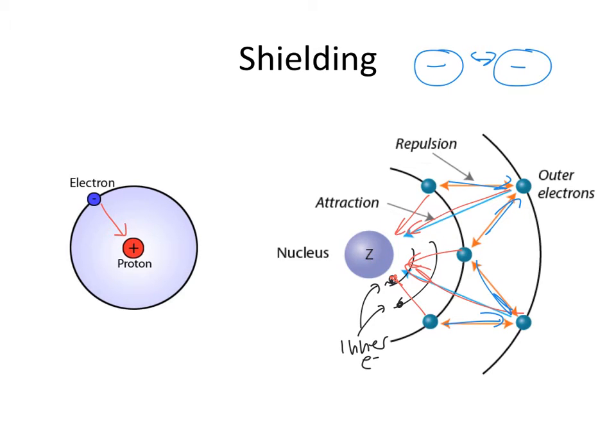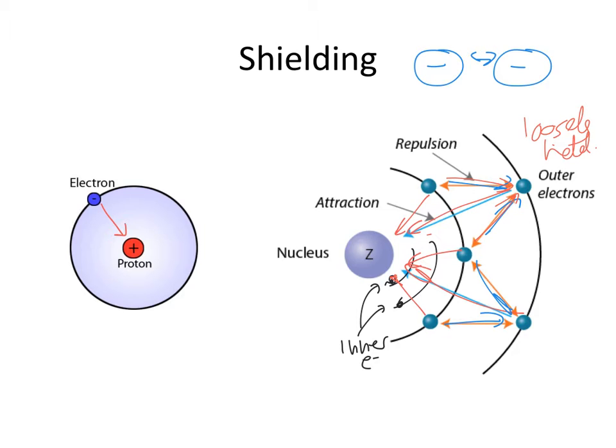So what that means is that these outer electrons are more loosely held. Okay? They're more loosely held than these ones on the inside. The reason being is, again, not only are they farther away, they have less attraction, but also they're being repelled by these inner ones at the same time.